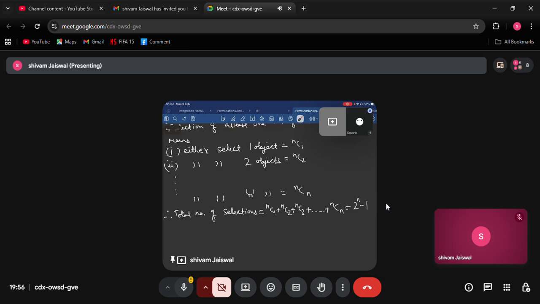Yes, sir. You might have done that the sum of all the binomial coefficients is equal to 2 to the power n. Right. So over here NC0 is not present, so that's why I subtracted 1. Is it clear? Yes. Is it clear?